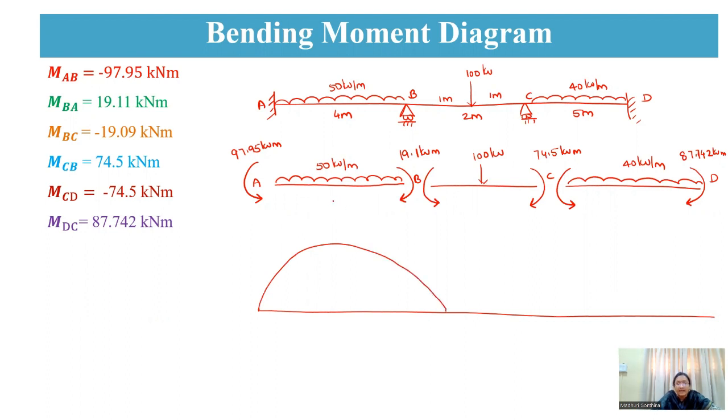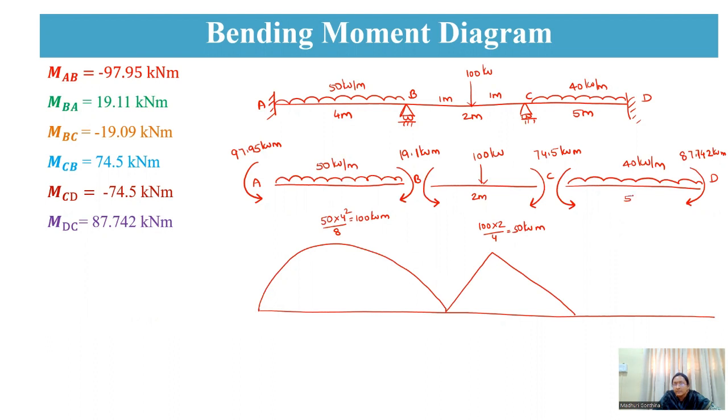The value is WL square by 8, that is 50 into 4 square by 8, which is around 100 kilonewton meter. Similarly, here it is WL by 4, that is 100 into 2 by 4, which is a value of 50 kilonewton meter.